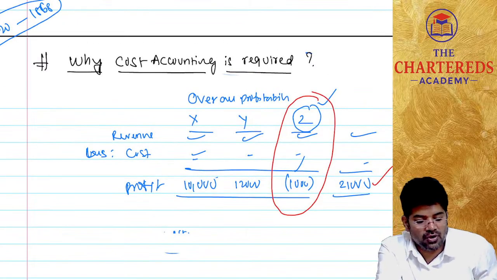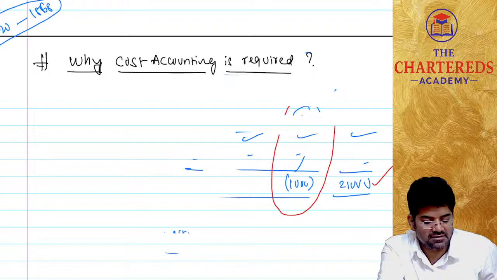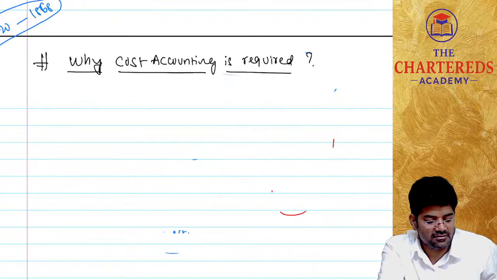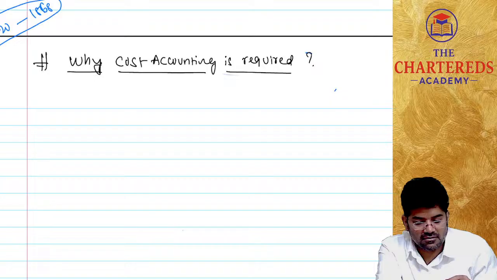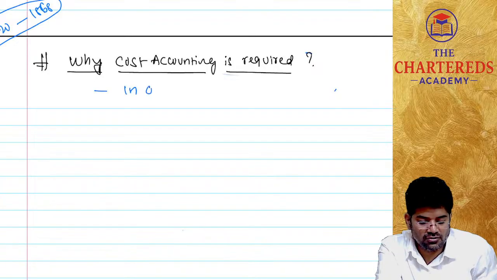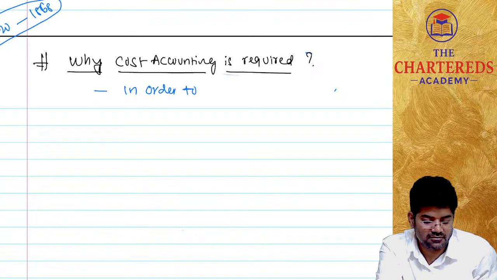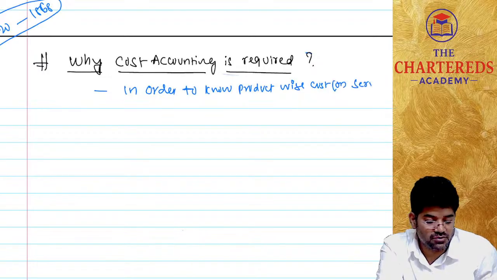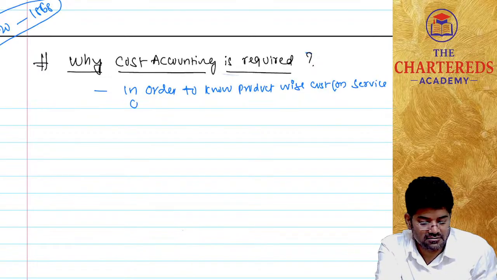So you can write that point here. Why cost accounting is required is in order to know product wise cost or service wise cost.